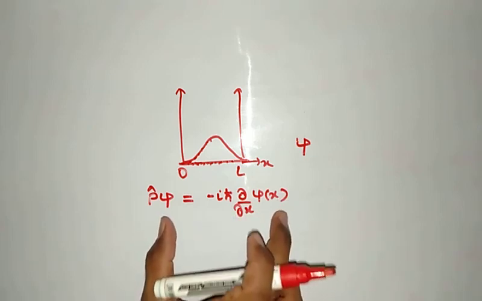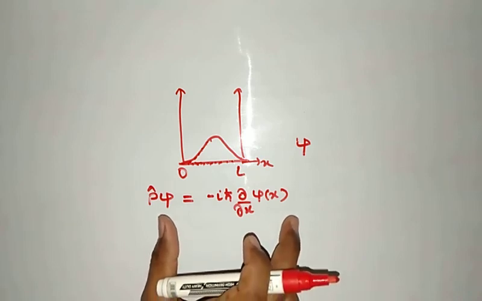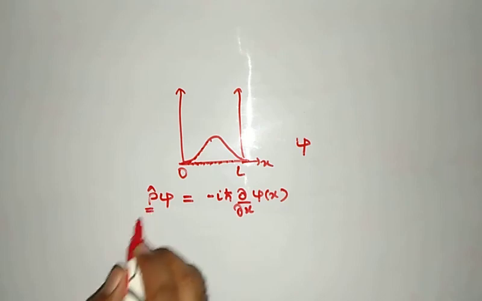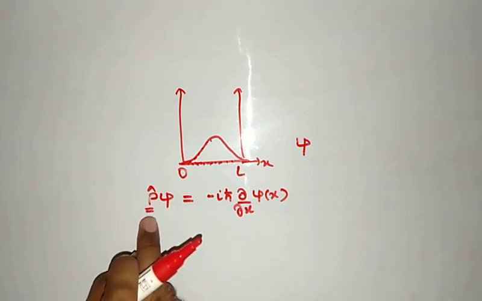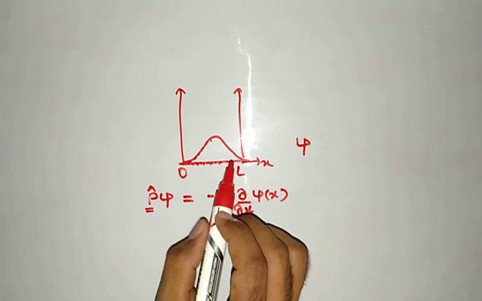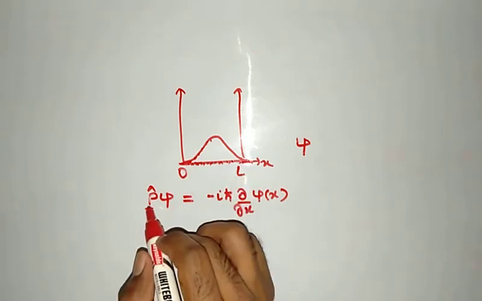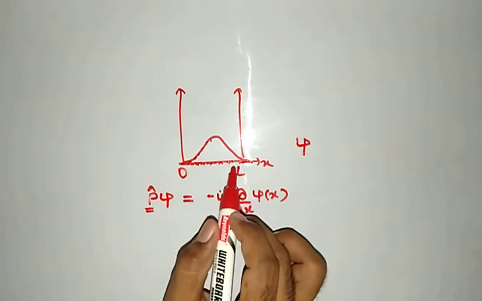Now from here, the linear momentum of the particle should also be a continuous function of x, meaning as x is varying there is also variation in p.